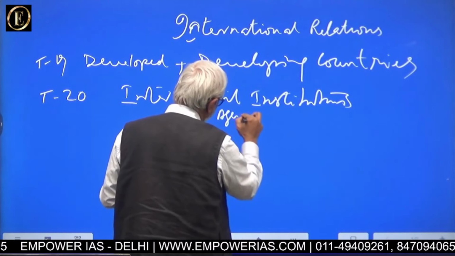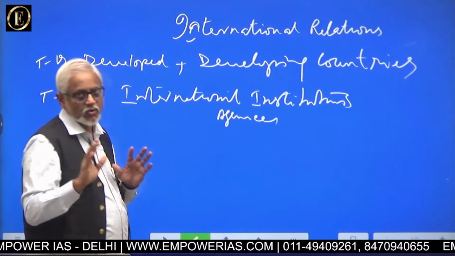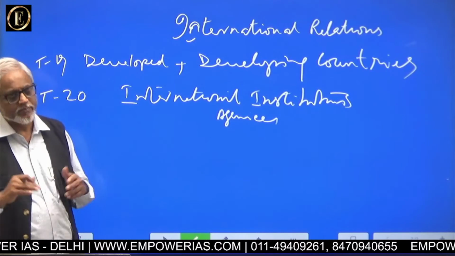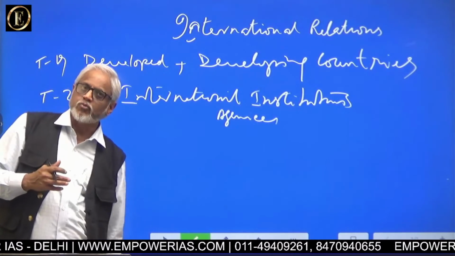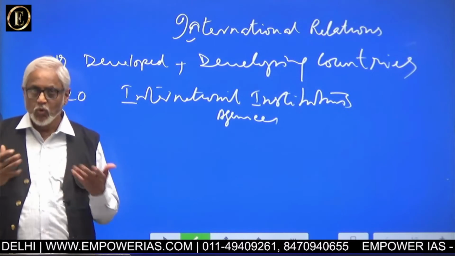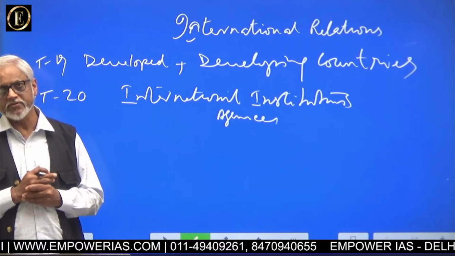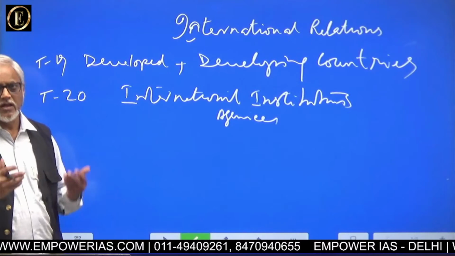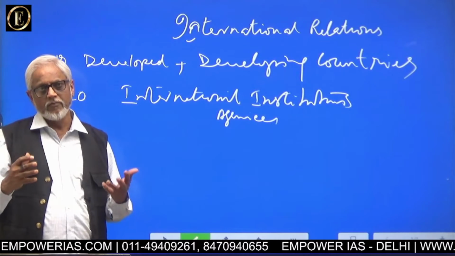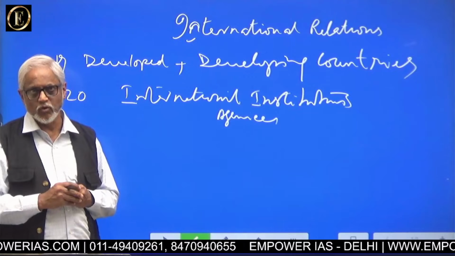Agencies, right? So this is an area on which questions also come very frequently. It may not always be India related, but whatever these institutions or agencies do has some impact on all the contracting parties or member countries of the United Nations, and therefore India, being a member of the United Nations, is definitely impacted by those decisions.